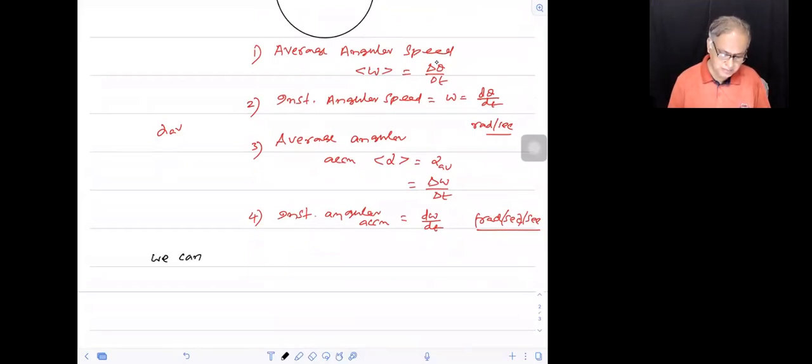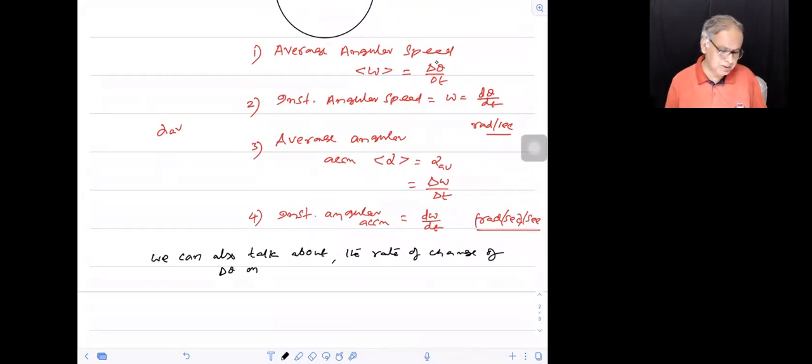So we can also talk about the rate of change of delta S on delta theta, or delta theta on delta S, doesn't matter.